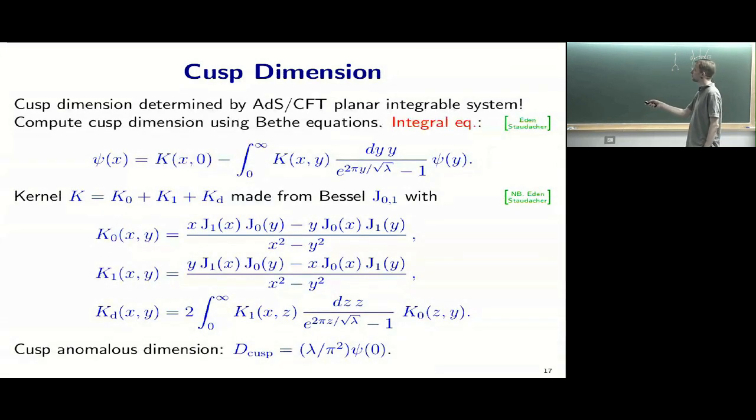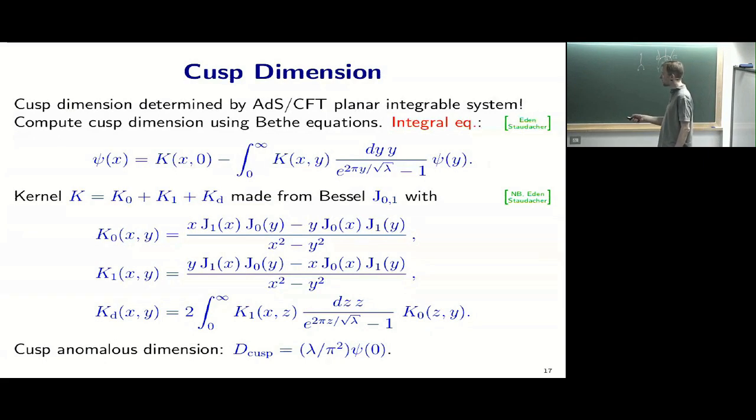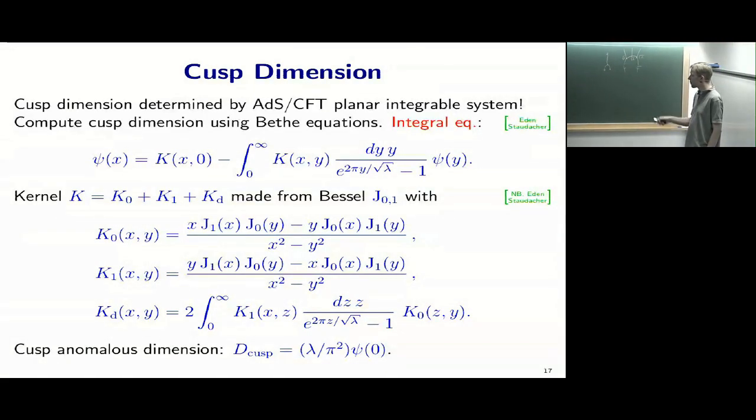And the coupling constant does appear in this rather innocent way here in the exponent. And the point is, if you find a solution with certain useful boundary conditions, then you can easily read off the cusp dimension as the value of this function at 0. And the coupling constant again just appears here as a scaling.